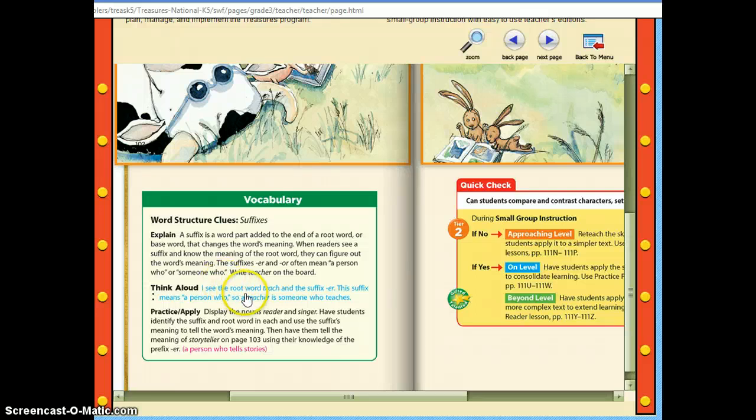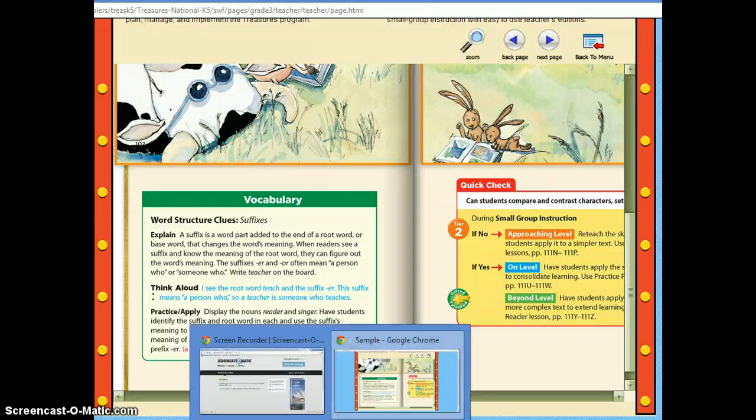And then I noted to myself that they started going on with this word teach, and reader and singer, and I thought to myself, well, that's kind of silly. If I need to teach these derivational and Latin suffixes to meet the Common Core, why would I do this in the program? Why wouldn't I just go ahead and use the words that I'm using as my selection vocabulary and do the suffixes piece with that?